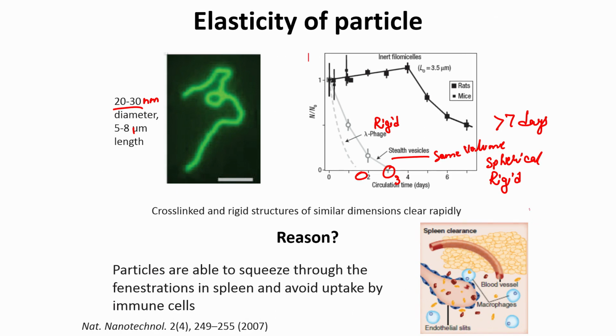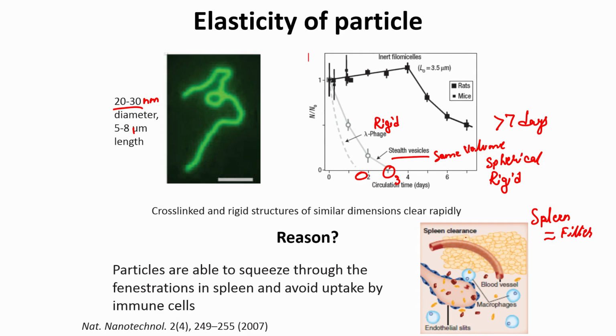A spleen is essentially nothing but a filter for our body. What happens in a spleen is that the blood flowing through the spleen will come out into the tissue from the blood vessels and then go back into the blood.